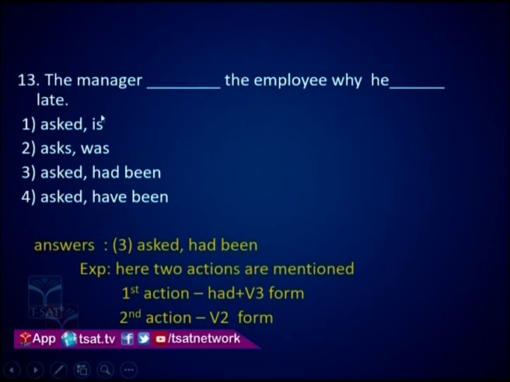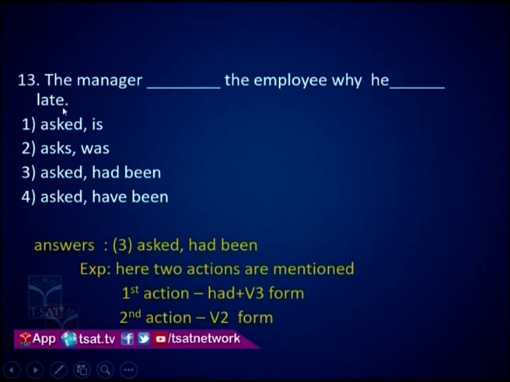Now if you look at this structure, two actions are mentioned. In the first action, the manager dash the employee, and the next is why he dash late. So two actions are happening. In the first action, he is asking: the manager asked the employee why he had been late. The employee had come late, he had been late, that is past perfect form. Had been, had plus V3 form.